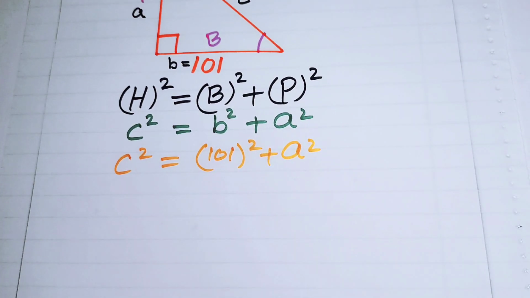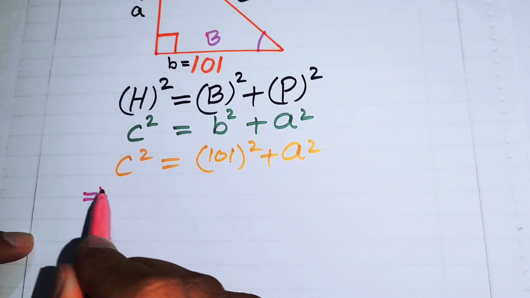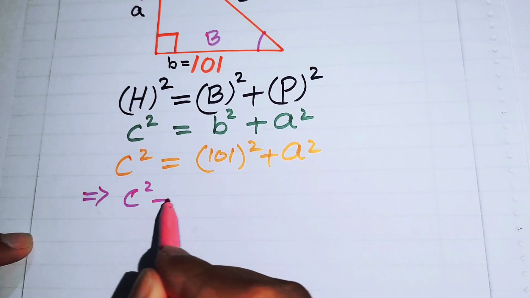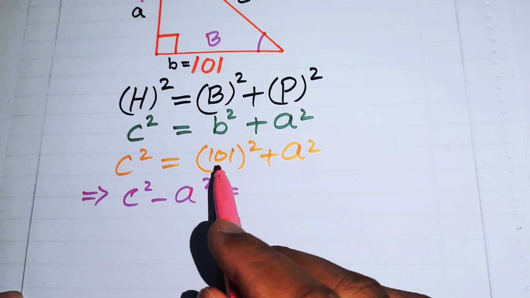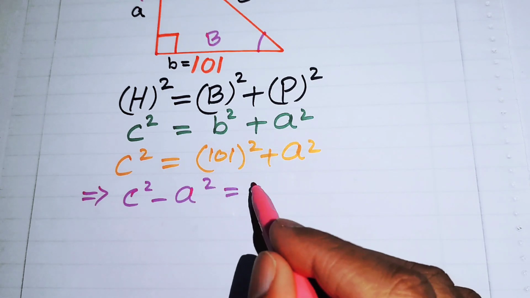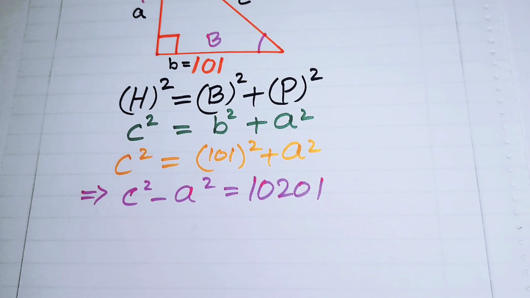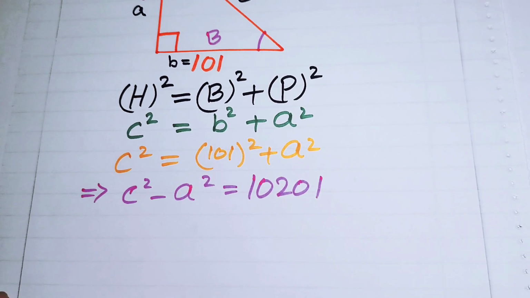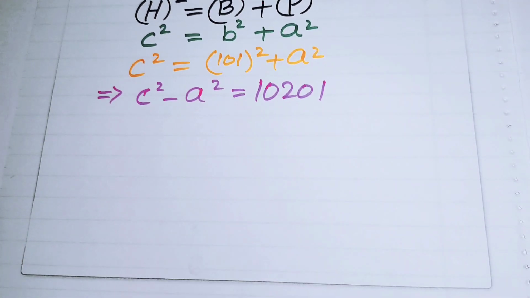Now we need to make a little simplification: we move this plus a squared to the left hand side, and you get c squared minus a squared equals 101 squared, and you know that 101 squared equals 10,201.